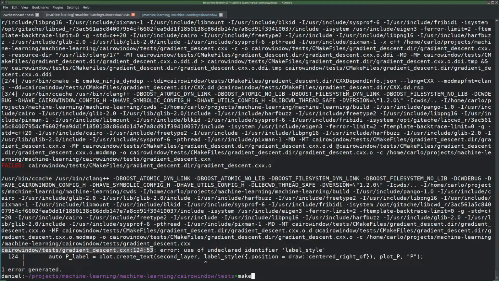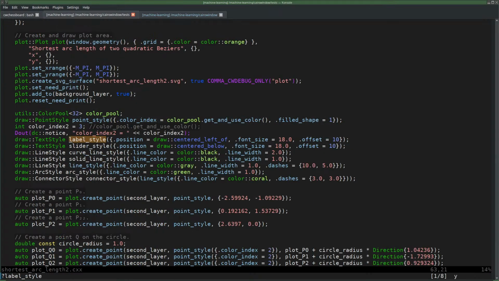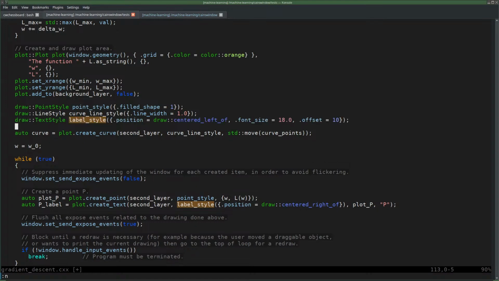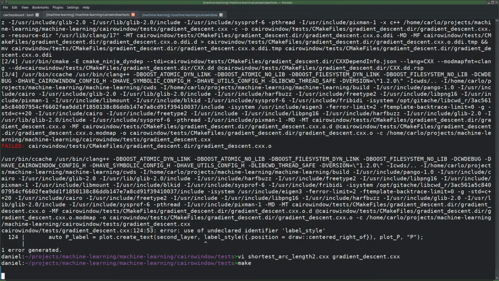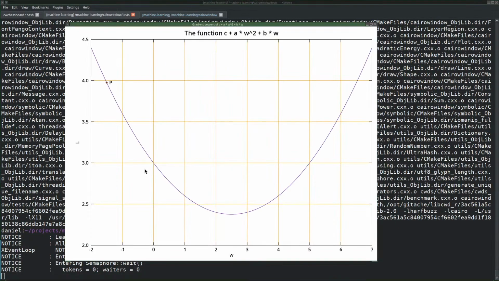Oh, I don't have a label style. Okay, the initial value is here, and I don't like the color.